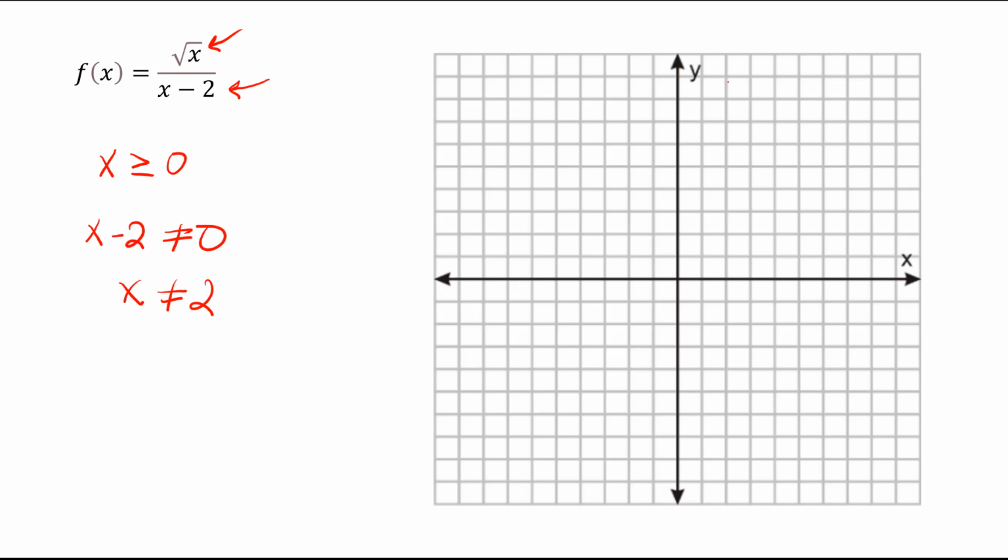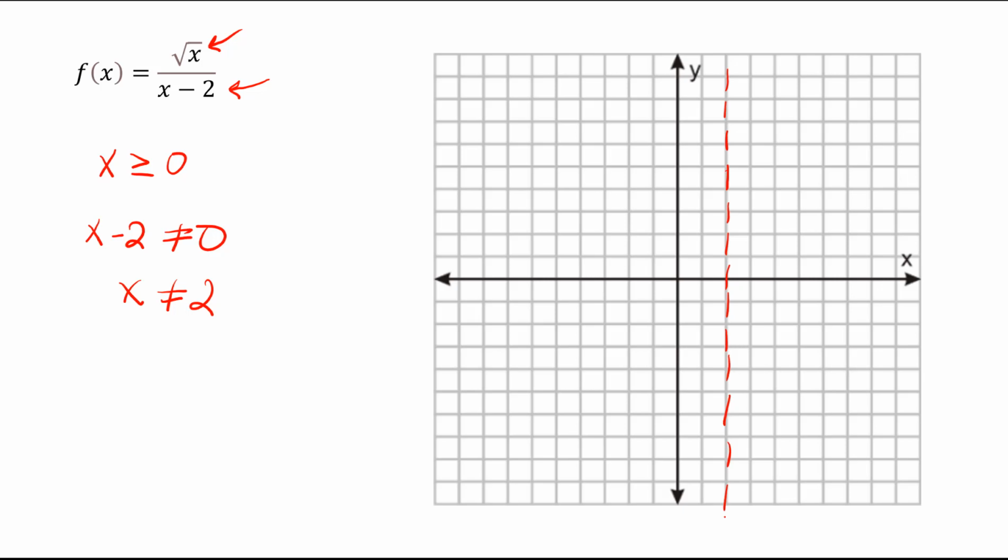The line x equals 2 is a vertical line that goes through 2 on the x-axis. No points on this line can be on this graph because every point on that line has an x value of 2, and this function cannot have an x value of 2. You cannot even put 2 into that function.